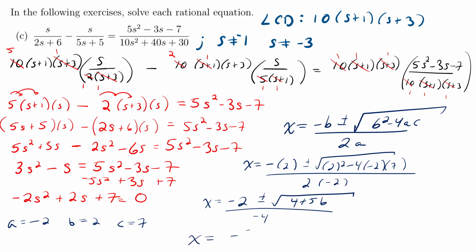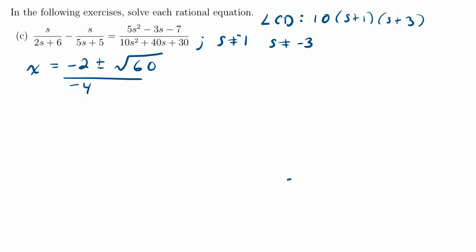So x is going to equal negative 2 plus or minus the square root of 60 over negative 4. And then remember that we can actually continue with this and simplify this further.